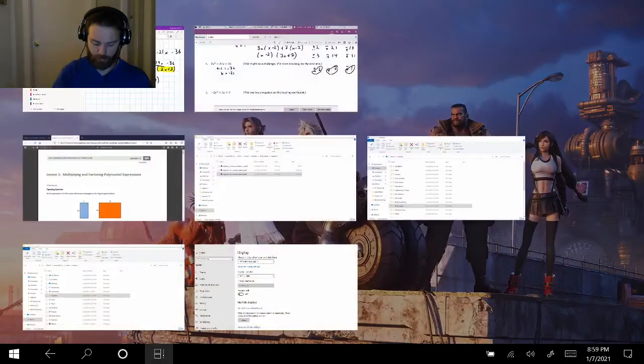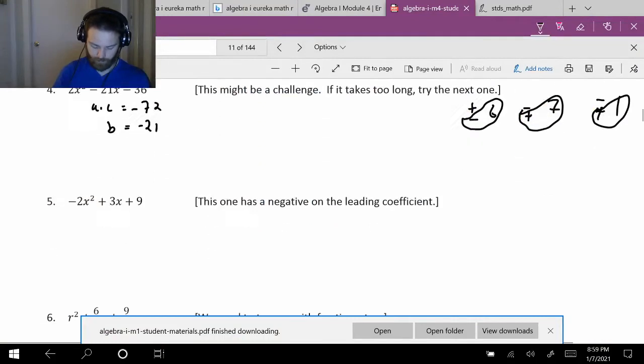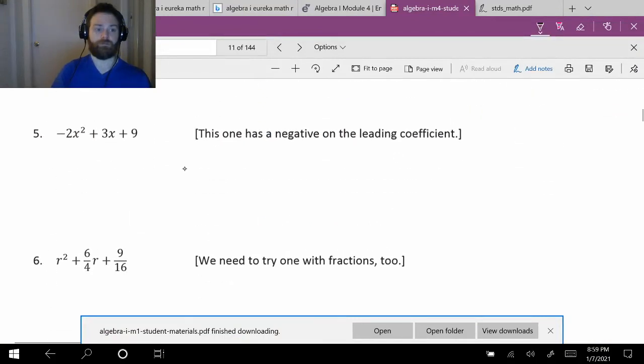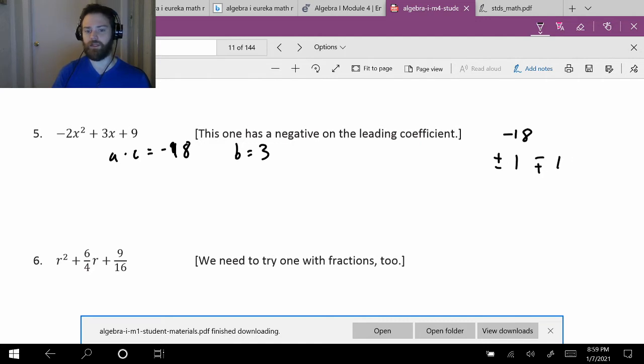So let's take a look at these. So this one's a times c is negative 18, and then its b term is 3. So if I take a look over here, factors of negative 18: plus minus 1, minus plus 18, so negative 17 and positive 17. Plus minus 2, minus plus 9.